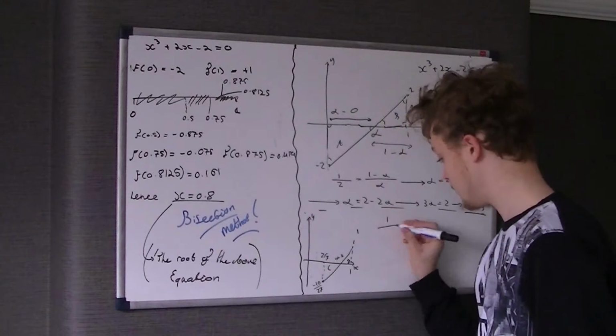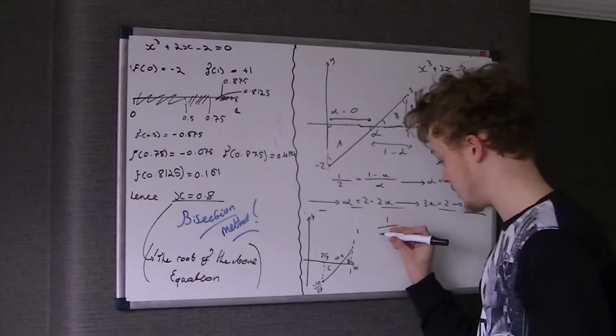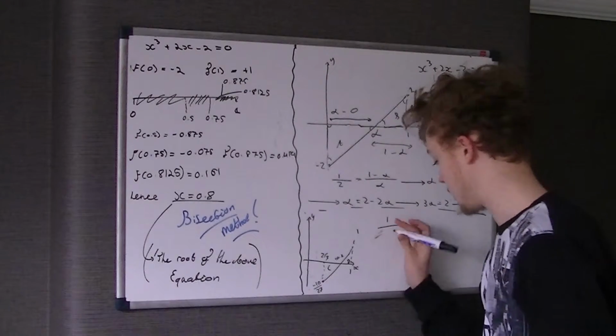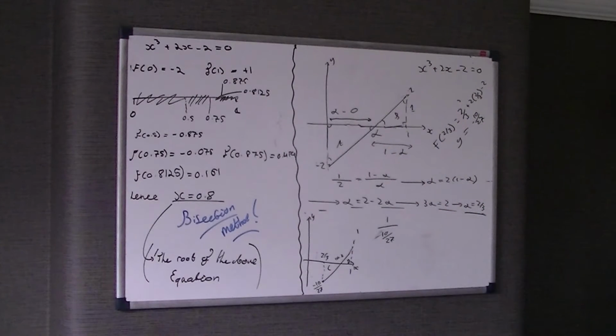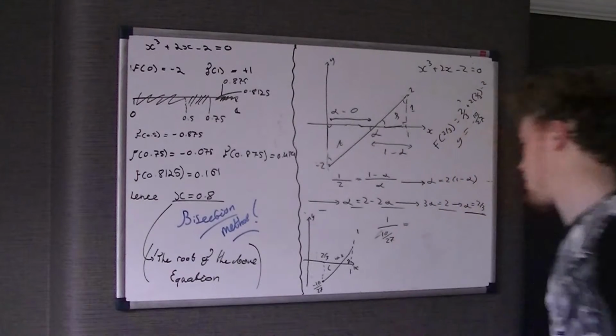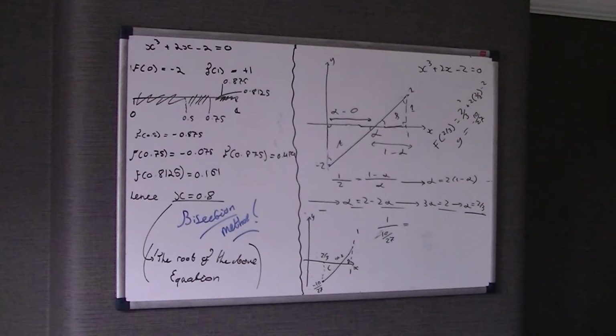So it's 1 over the height, which is 10 over 27. It's not negative 10 over 27, remember, because we can't have a negative height. You could just write that as 27 over 10, but it's always nice to keep with the same pattern so you're not losing track of where you are.